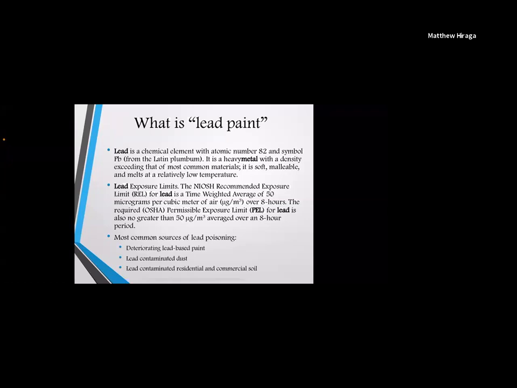It's constantly falling when the wind's blowing and it rains, and it gets into your dirt, or the guy with the weed whacker comes and smacks the side of your building while cutting your grass. It contaminates the soil. So when you go in there and I'm going to plant my little lemon tree, you may be exposing yourself just from that type of activity.